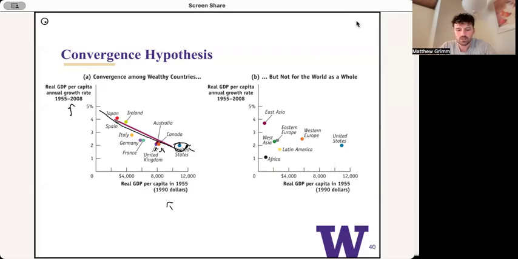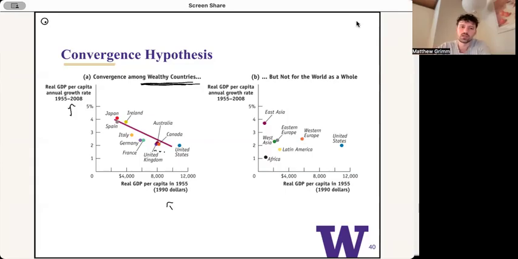So this works very well for what we call wealthy countries. For the rest of the world, you kind of see this in a way, like you could draw a line, but then you see Africa is way down here, even West Asia, Latin America, they don't really fit that bill altogether. If you piece it by country, it fits less well.